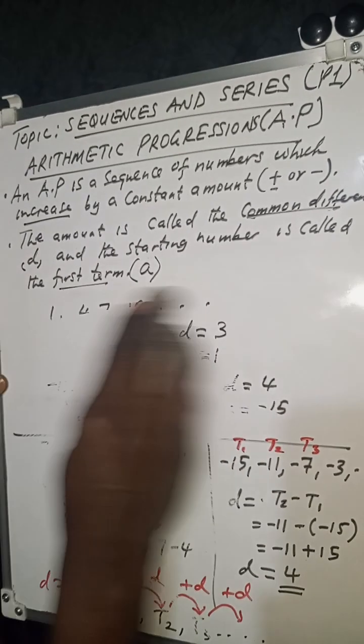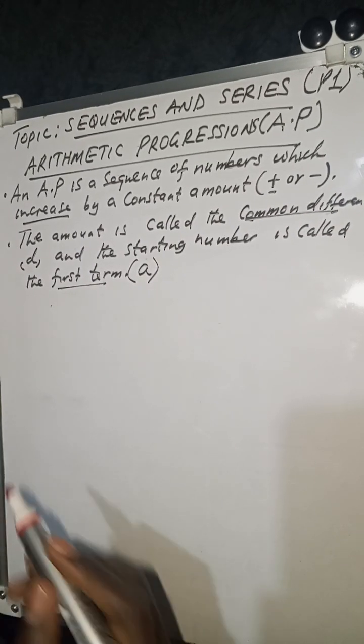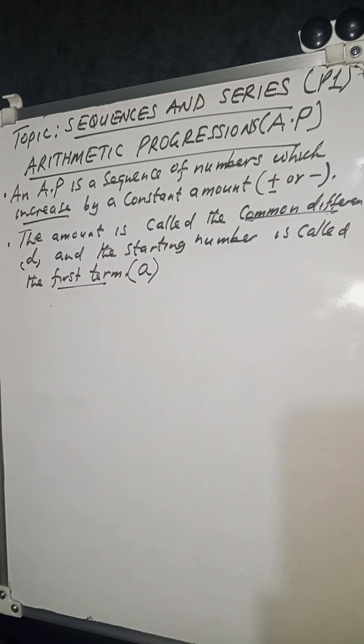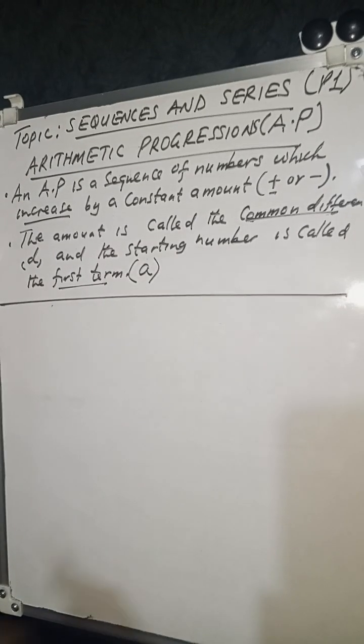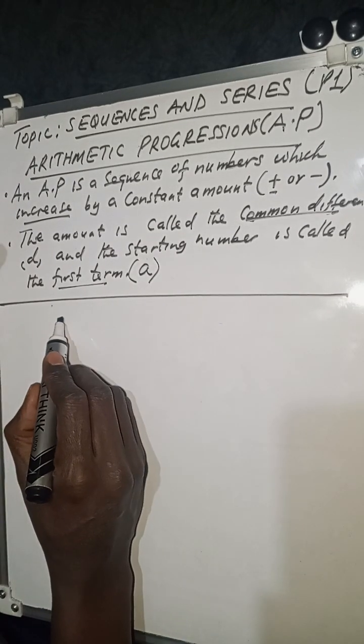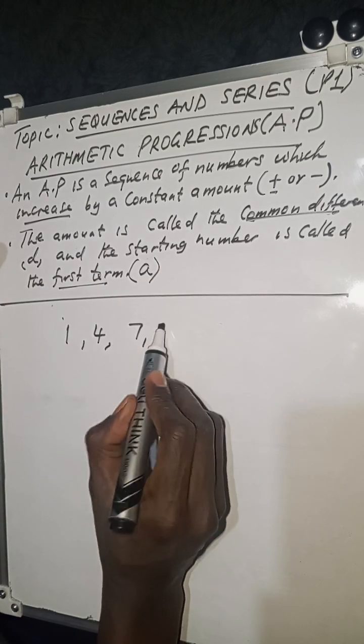Now, let's come up with a more general expression for that so that we are able to see. Let me just highlight a few concepts. This is 1, 2, 4, 7, and 10.